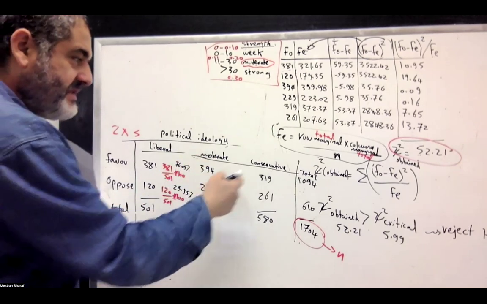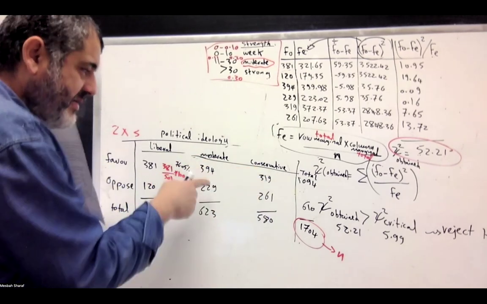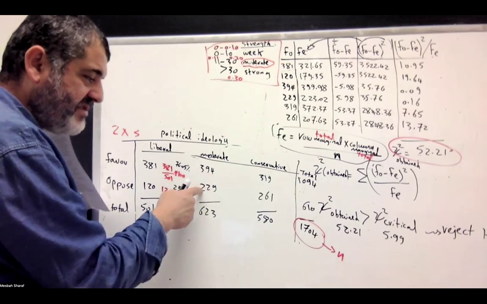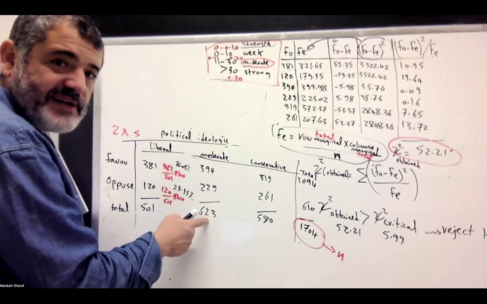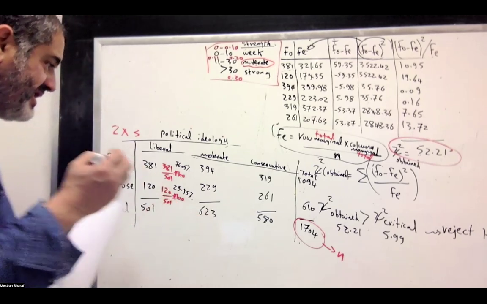And you have to get the percentage of these cells. So you divide 394 by the 623 and divide 229 by that 623. Don't forget to multiply by 100.